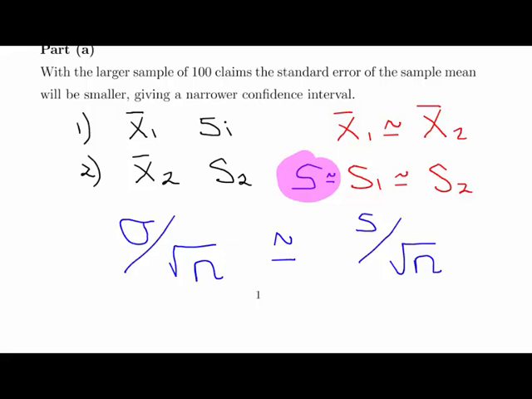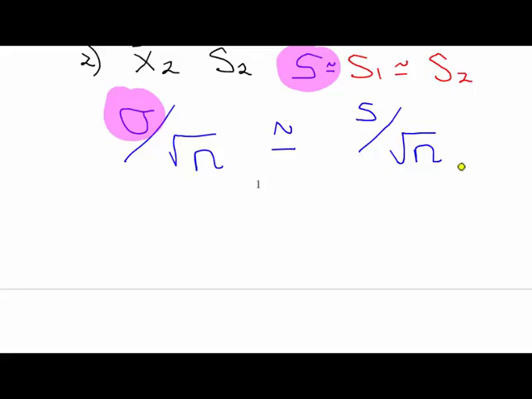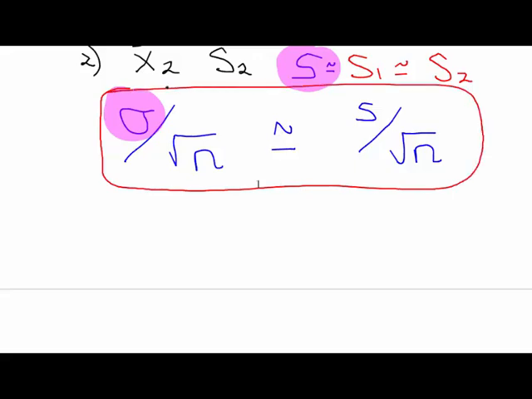Ultimately everything is an estimate of this sigma, okay? So that's really all we're doing with that. That's the key thing there, really: we're only using the sample standard deviations as an estimate for sigma, the population standard deviation.